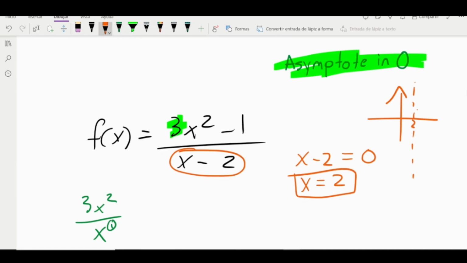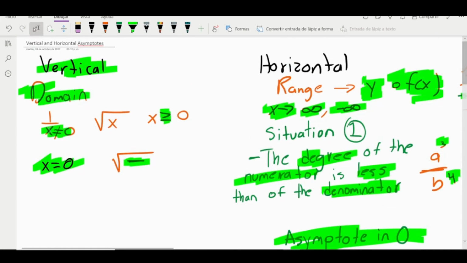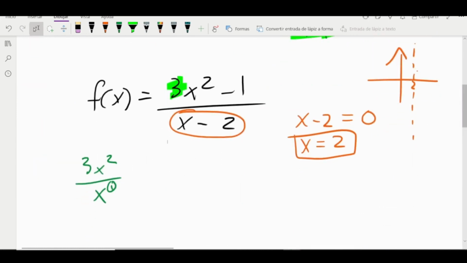So it's simple: we need to create an equation, like we said at the beginning. Here we have a fraction, so we need to find what values make the denominator 0. In this case, when x is equal to 2, the denominator is going to be 0. So this is going to be the vertical asymptote.